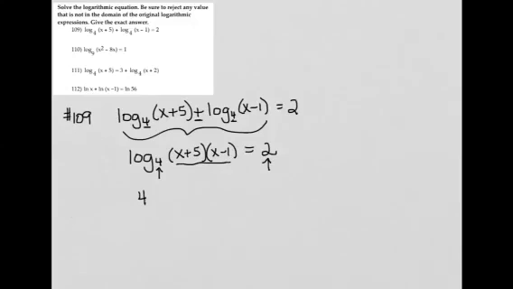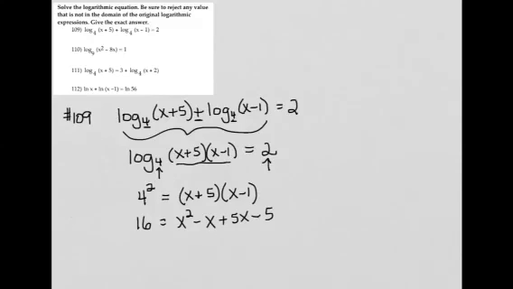So that means that we have 4 to the power of 2 equals x plus 5 times x minus 1. And of course 4 squared is 16, and I'll have to multiply these binomials using FOIL. So I have x squared minus x plus 5x minus 5.